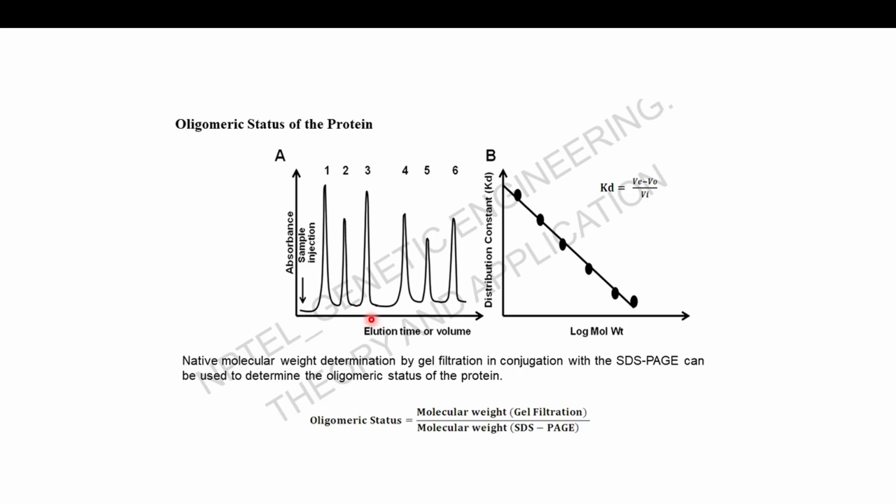Especially the pre-packed columns come with a manual giving the whole range: if a certain molecule is eluting at a particular volume, then what might be the range of molecular weights that will elute at that volume for that type of column.